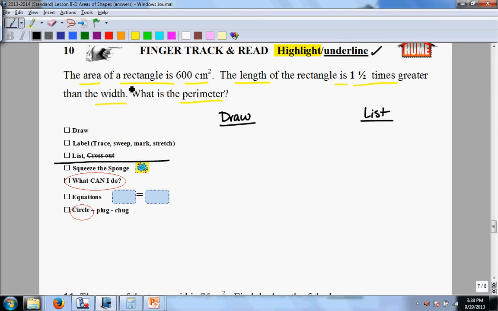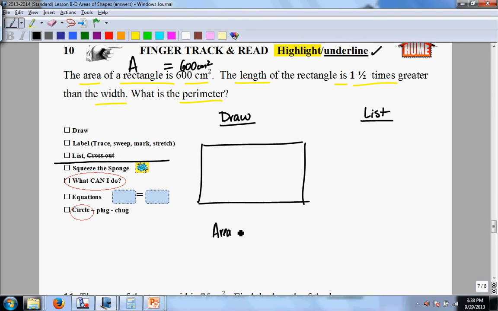So it either goes in a drawing or it goes in a list. So drawing, we have a rectangle. Let's start with the basics, the rectangle. There's an equal sign. So it says area is 600 centimeters squared. So the area of this rectangle is 600 centimeters squared. So we already have the area here. Cross it out.